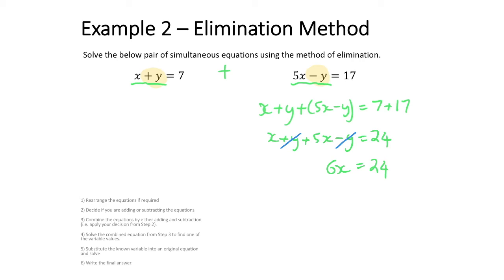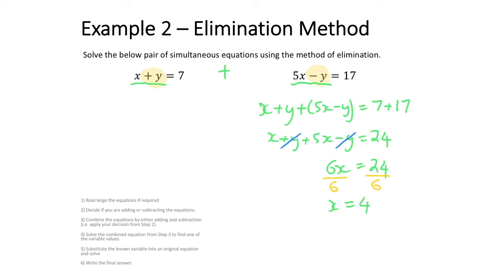So to solve the value of x, I need to get x by itself. So 6x, to get x by itself, I'm going to divide by 6. What I do to one side, I need to do to the other side. So I'm dividing both sides by 6. So x is going to equal 24 divided by 6, which is equal to 4.